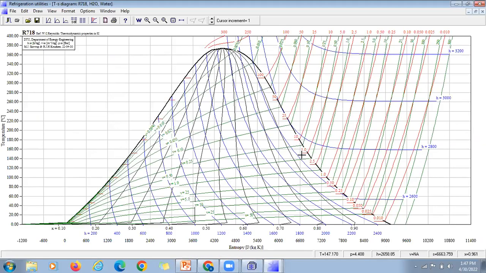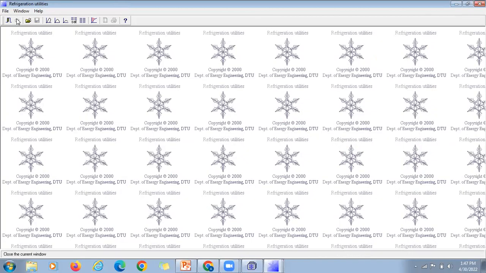You can have this, so all in one. It is very, very useful. That's the advantage of having Coolpack.